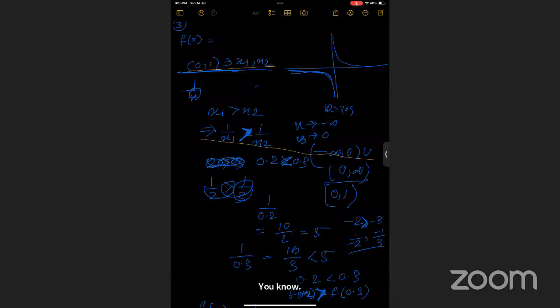What is the value of y at x equals minus 2? I'm just asking, what is the value of y at minus 4? Suppose minus 2, minus 4, whatever value you take, see the graph. As you go down, y will be on the greater side.